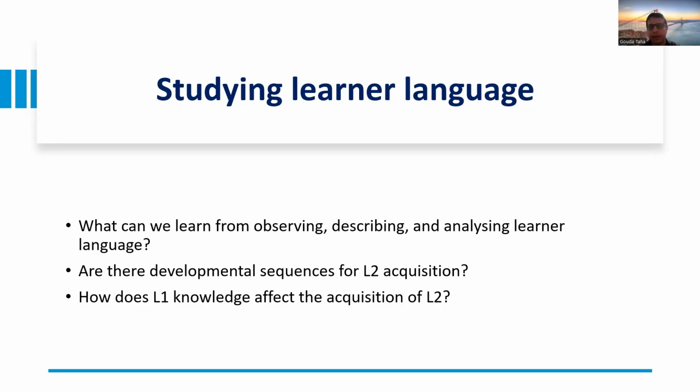But when it comes to second language learners, they already have the language. And I would say it's quite less challenging to examine a second language learner compared to a child learning a first language.